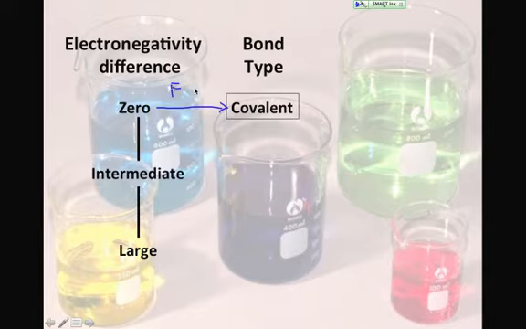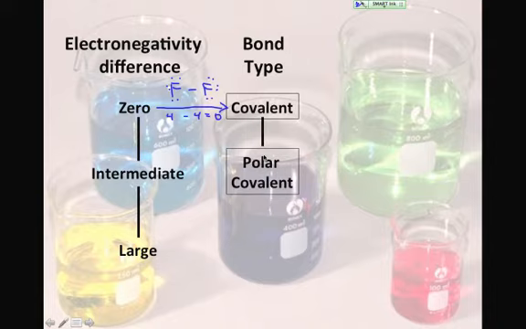Like if I have fluorine bonded with another fluorine, then their electronegativities are both 4. So I have 4 minus 4 equals 0. Perfectly covalent. They share evenly because they're exactly the same thing.